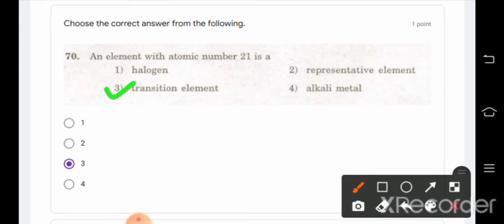In the groups, the electronegativity decreases as you move from top to bottom. So you need to know everything related to the periodic table. You will get one or two questions in every exam.